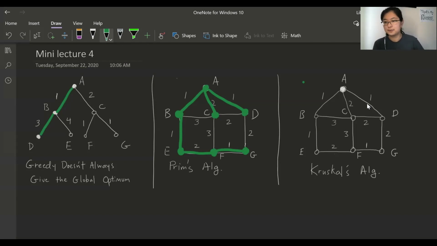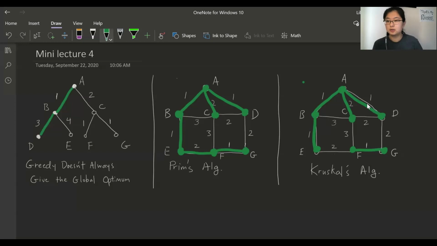So let's look. AB is the shortest edge, so we can mark A and B as traveled to. And then the next one is AD. This is also edge weight 1. Similarly, we take BE and FG. So next, let's suppose we take one of the length 2, AC.